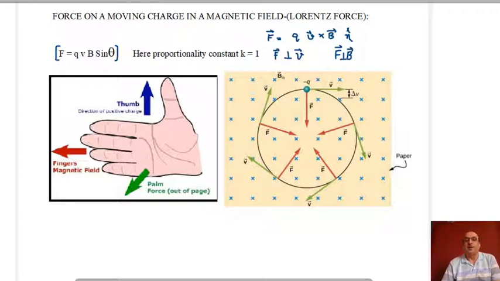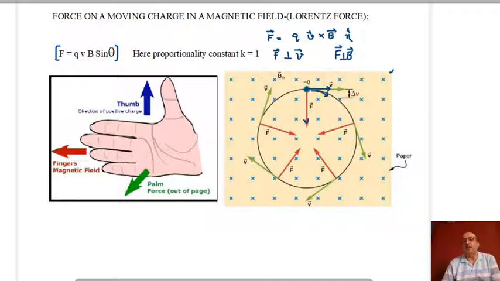Here is a figure representing the direction. If we take a charged particle q here and the velocity is tangential, it means the charged particle is moving in a circle. The force will be perpendicular to the velocity and the magnetic field.